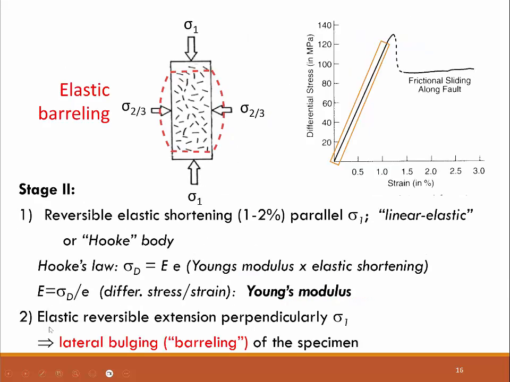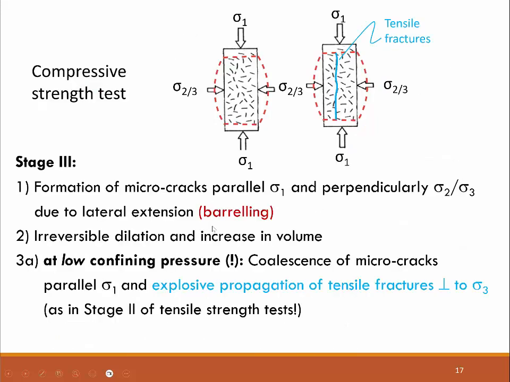What is important is that during this elastic barreling, this lateral bulging that we see here, we might find that microfractures that are parallel to sigma 1 start coalescing, because this lateral expansion also creates some space as soon as microfractures start to connect with one another.